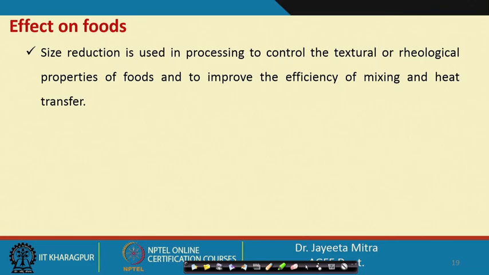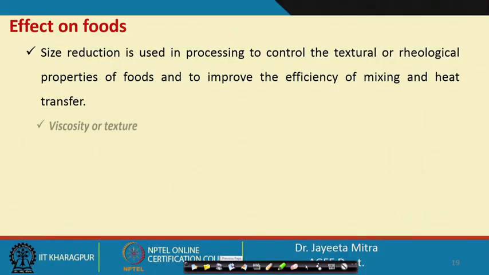When we increase the surface area, the transfer processes that occur across the surface area will be enhanced, that is one thing. Also, particles of similar size, similar shape and similar characteristics will have better flow behavior, both for dry flowing material and for wet material.